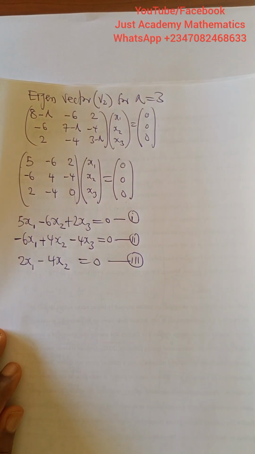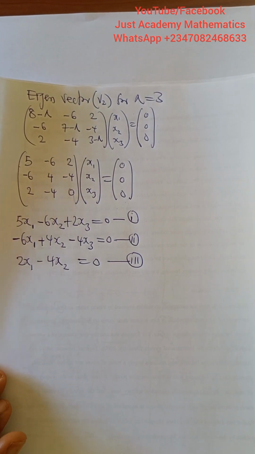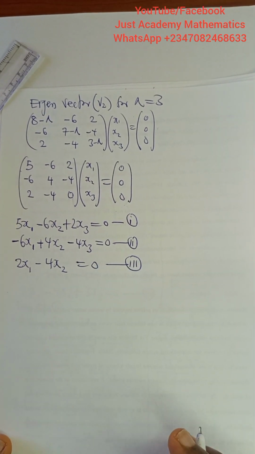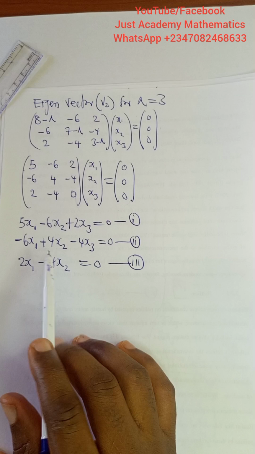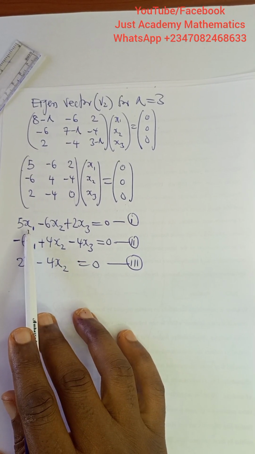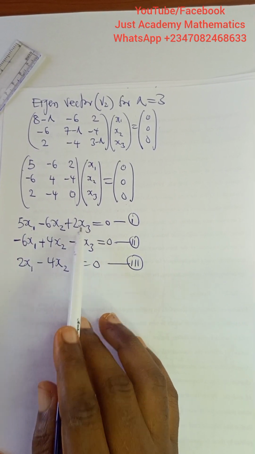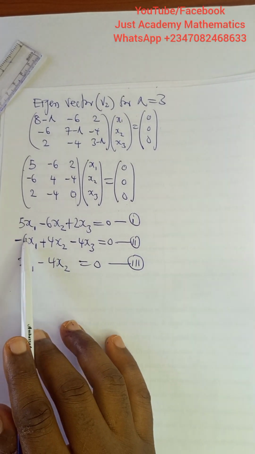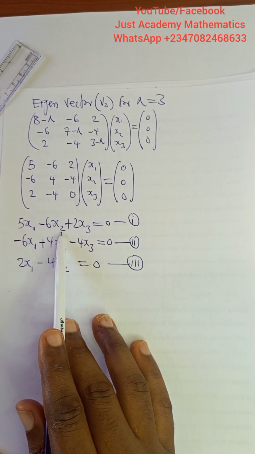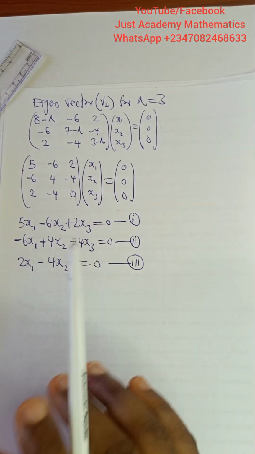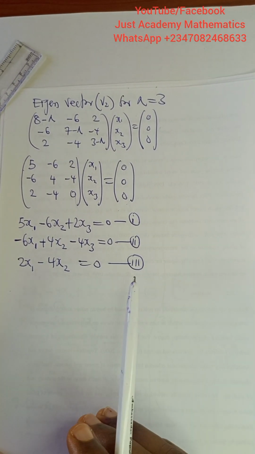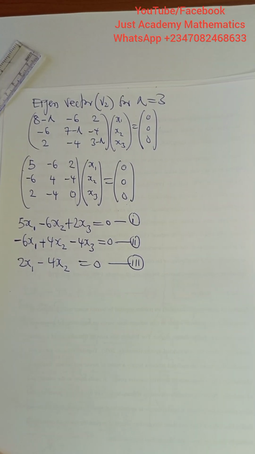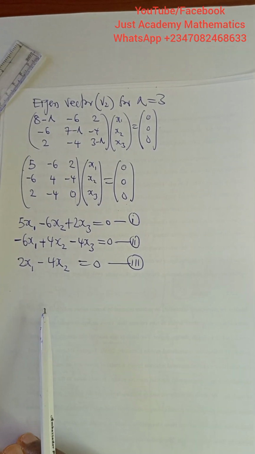So again, remember that we had to find x1, x2, x3 in terms of x3. So don't change the pattern. We are going to find x1 and x2 in these 3 equations in terms of x3.